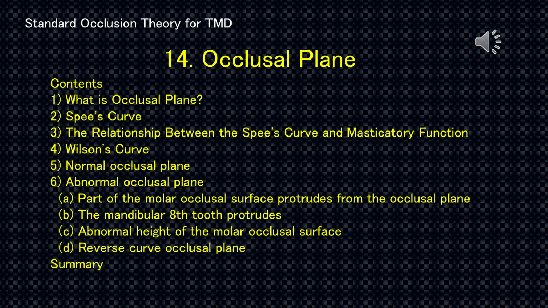Abnormal occlusal plane. A. Part of the molar occlusal surface protrudes from the occlusal plane. B. The mandibular eighth tooth protrudes. C. Abnormal height of the molar occlusal surface. D. Reverse curve occlusal plane. Summary.